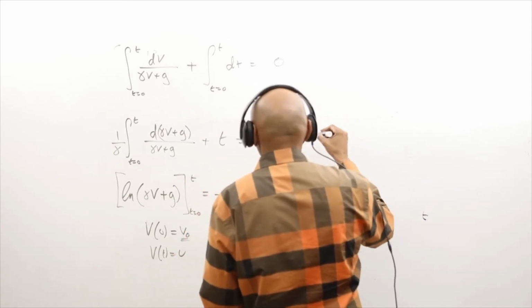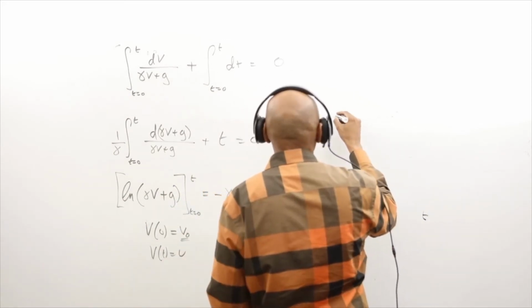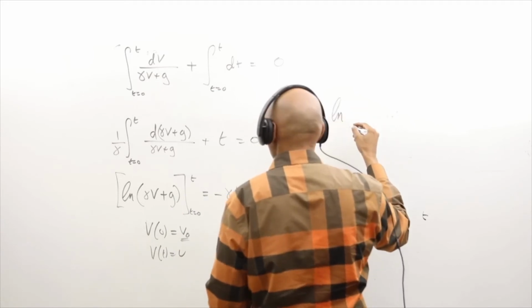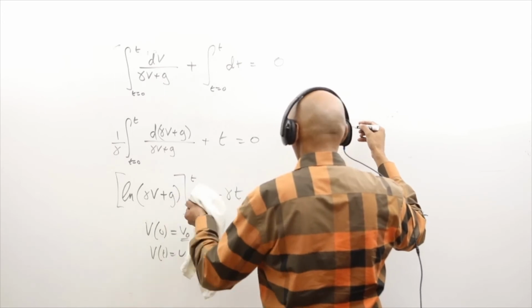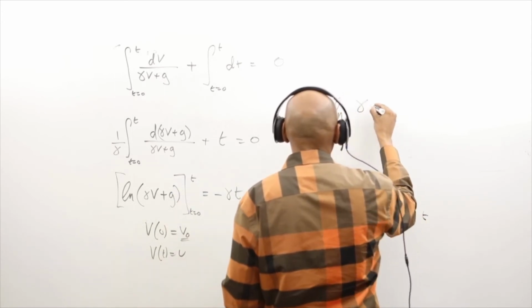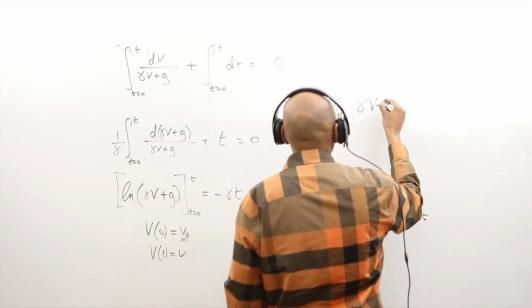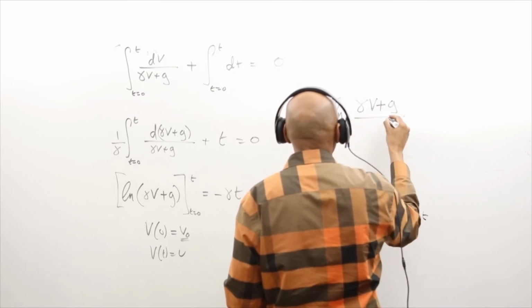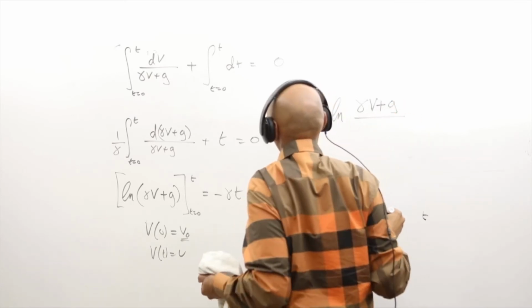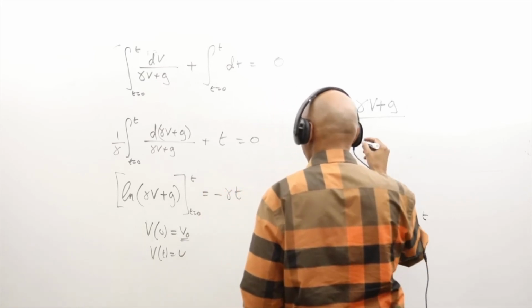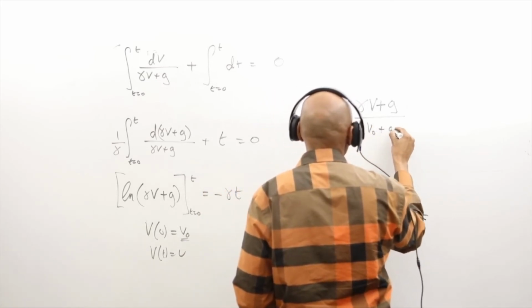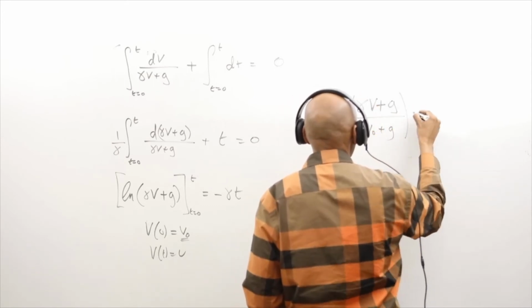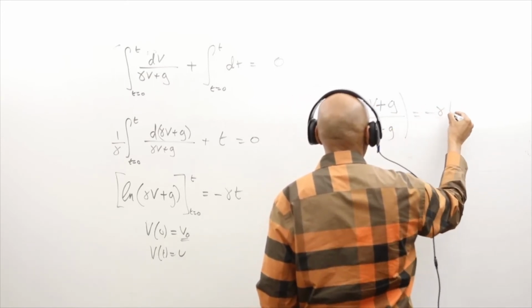So erase this, and take the logarithm of these two sides. So now we get the logarithm. The logarithm of the difference is the components divided by each other. So this is gamma v plus g all over gamma v0 plus g is equal to minus gamma t.